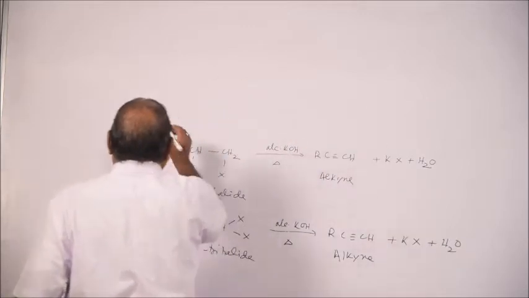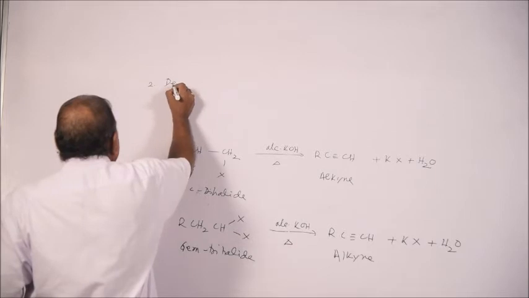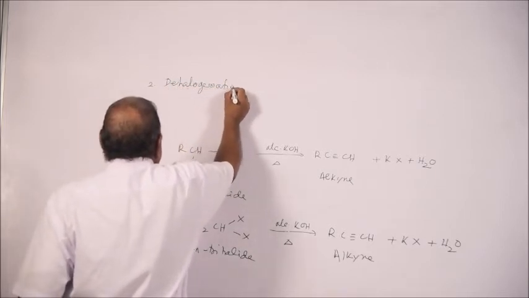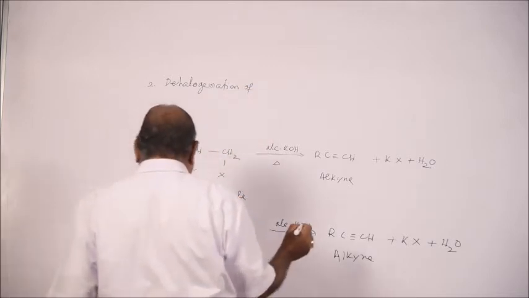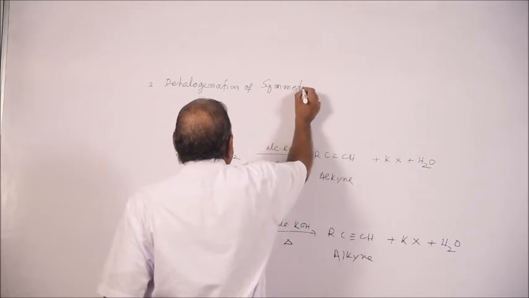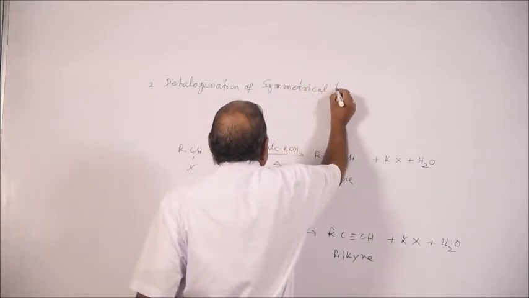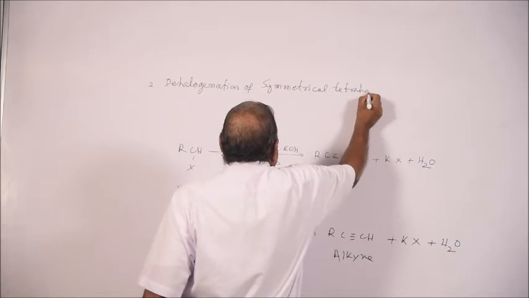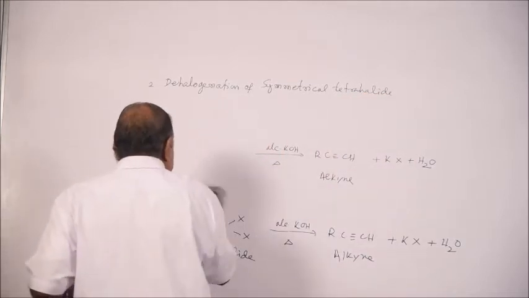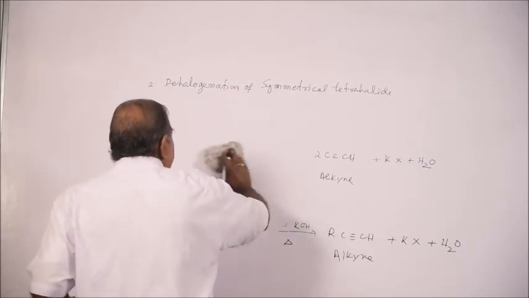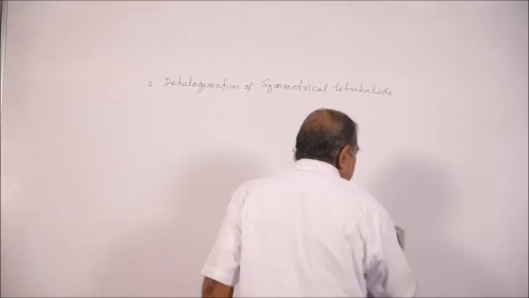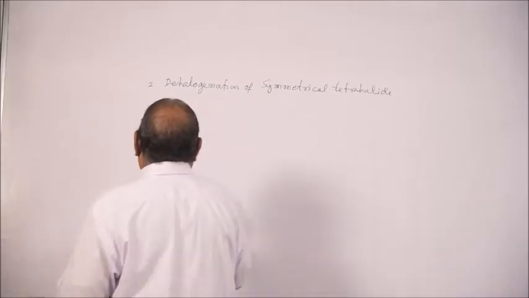This is number 2, by dehalogenation of symmetrical tetrahalides. Symmetrical tetrahalide means four halogen atoms symmetrically distributed between two adjacent carbon atoms.